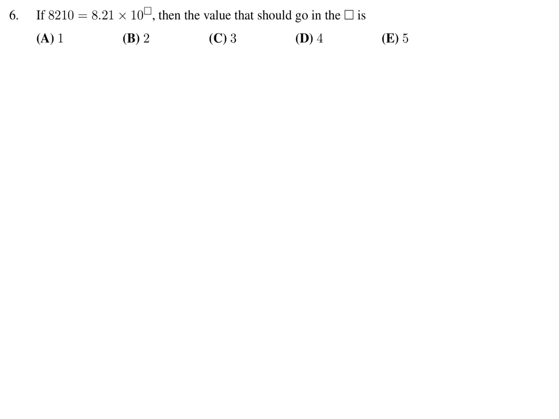8210 equals 8.21 times 10 to the power of something. Then the value that should go in that box is, well, 8210 equals 8.21 times 10 to the power of something, right?